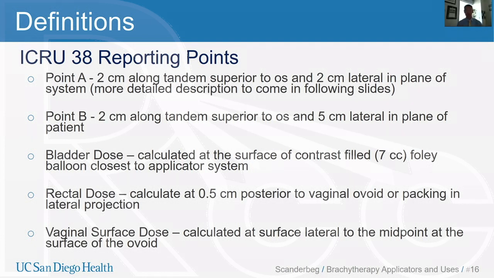On the lateral radiograph, the bladder point is marked at the posterior surface of the balloon, where a line drawn through the center of the balloon would fall. The rectal point is defined as the midpoint of the ovoids on the AP radiograph, and on the lateral radiograph, 5 millimeters posterior to the vaginal wall on a line drawn down the middle of the ovoids. I'll show this pictorially in the upcoming slide.